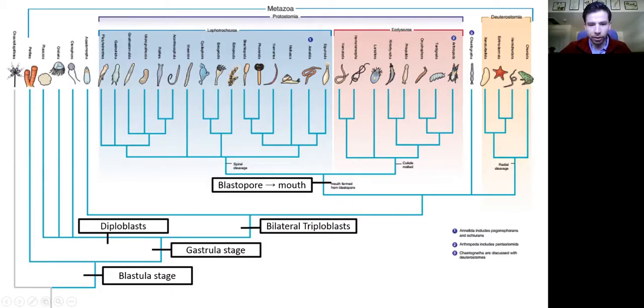Then we came here onto the rest of the tree of metazoa or kingdom Animalia, where animals are bilateral and their bodies are developed from three primary germ layers, so they are triploblasts. And we climbed this branch into this group of animals called the protostomes.